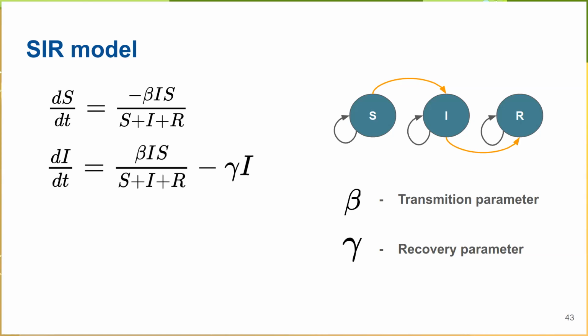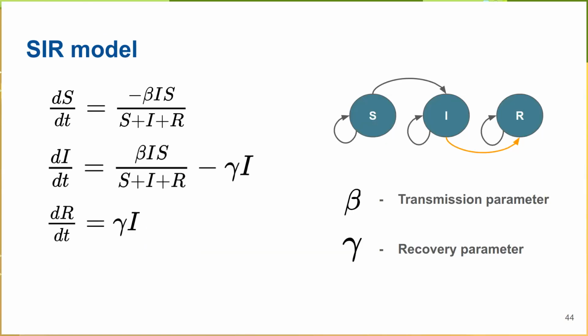Then the infected people, the people who come out of the susceptible, go into the infected. But we can also have people who go out from the infected and move into the recovered. And this is what the recovery parameter gamma is modeling. So it's negative because they are going out. This one is positive because they are going in. And of course, the remaining term is simply the people who went out of the infected.